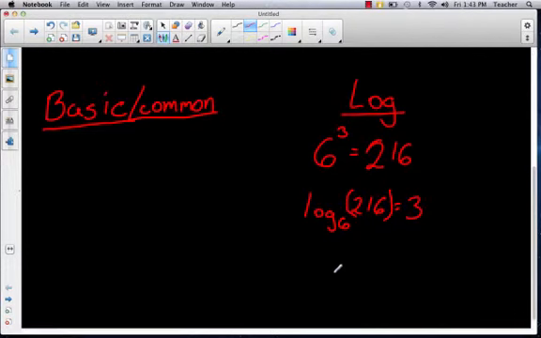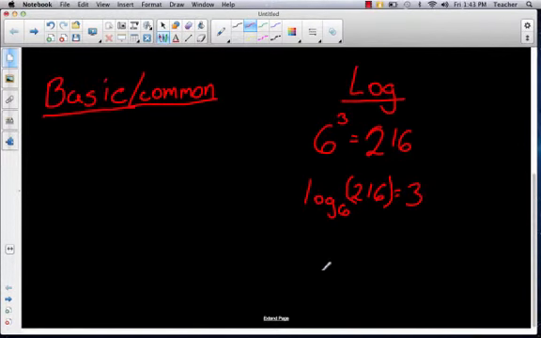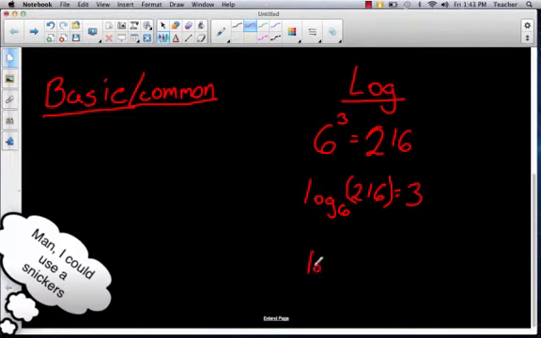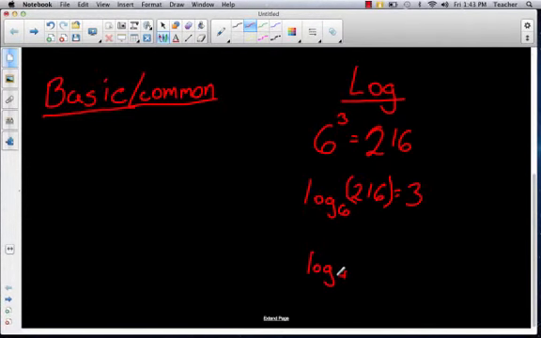Now, another example, let's do it the inverse way. So, log, let's do base 4, and then let's do 1024. Now, this will equal 5. Now, as you can see from earlier, you can already tell the answer to what the other equation would be, the exact identical equation.